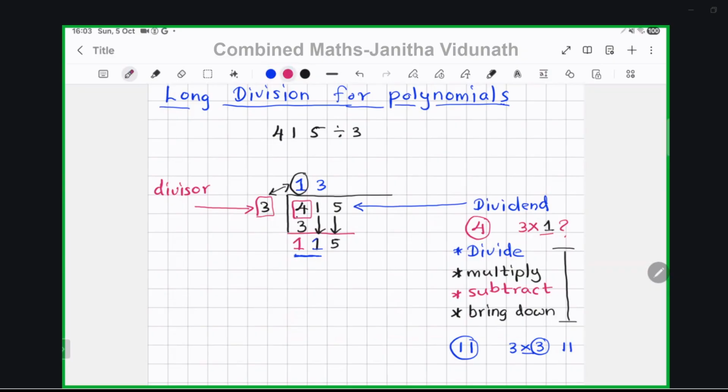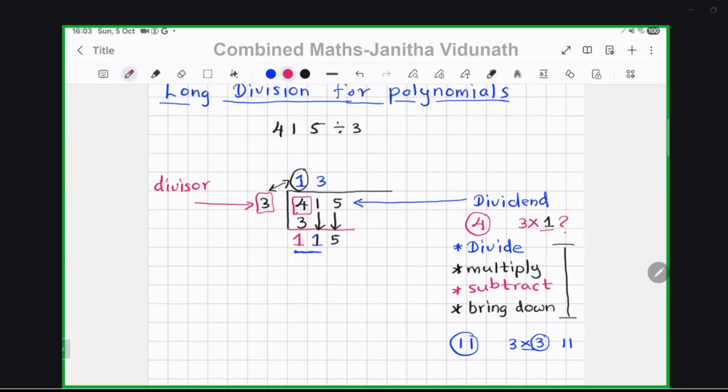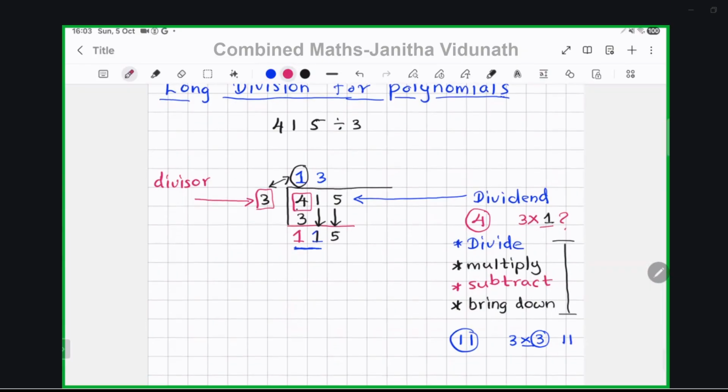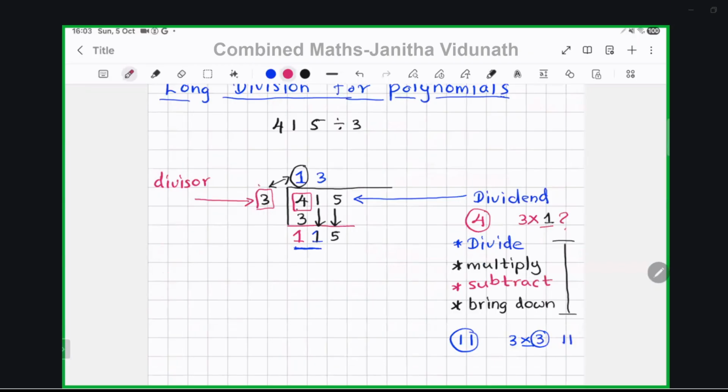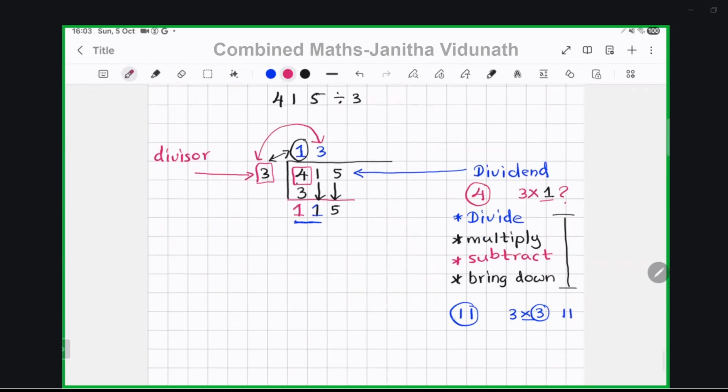Okay. Then we again multiply that number with the divisor. First we do the division, then again we do the multiplication. We repeat the same kind of operation again and again.